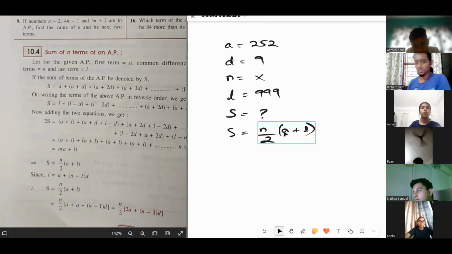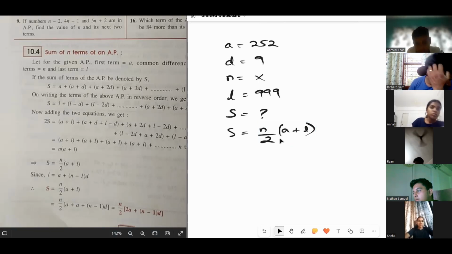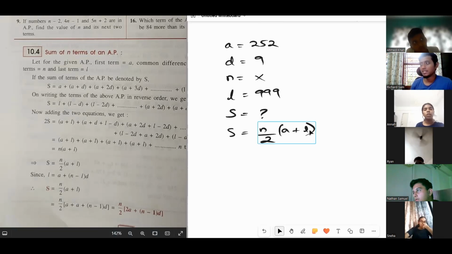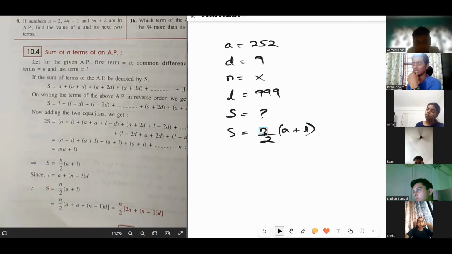So do we have these values? Oh, no, wait, we still have a problem. Here we need A, N, and L. Only D was replaced with L. So this formula also we can't use, because we don't have N. See, N is compulsory. Yeah, sir, if they would have given the total sum, we could replace the sum and find N.